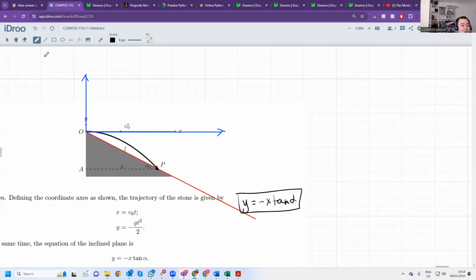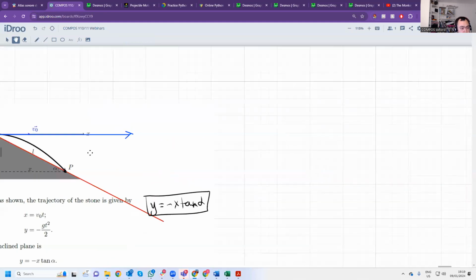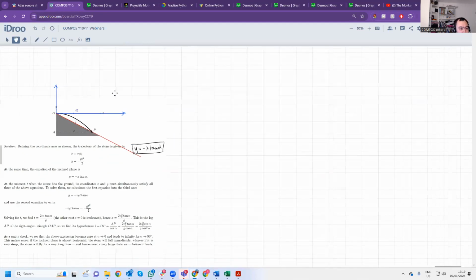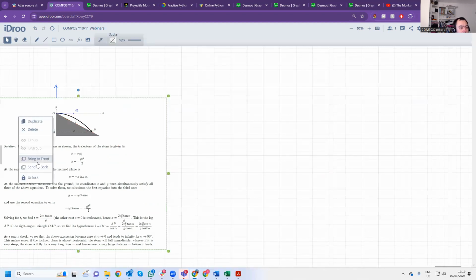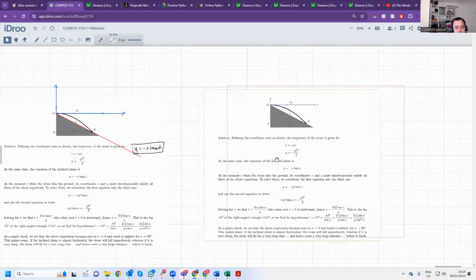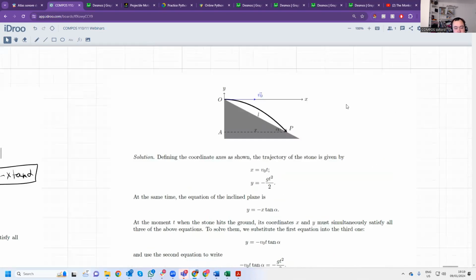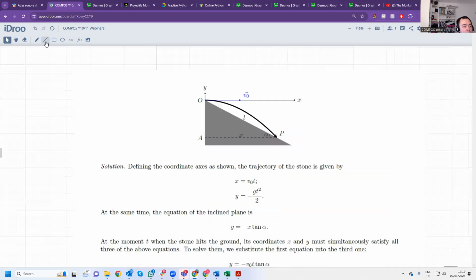Another way of doing it would be to direct the x-axis like this. This is the x-axis. This is the y-axis.